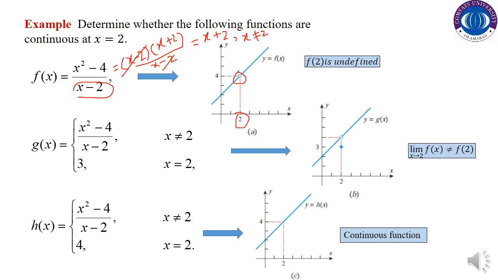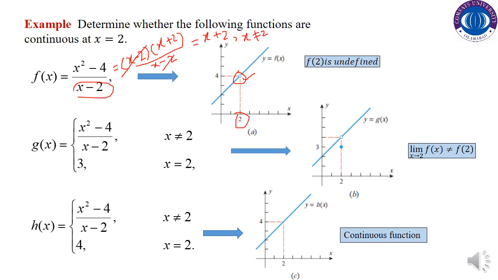So directly from the graph we can say this graph is discontinuous because there is a hole at point 2. Now condition 1 is going to fail. Look at this, f of 2 is undefined. This is the first condition for continuity.